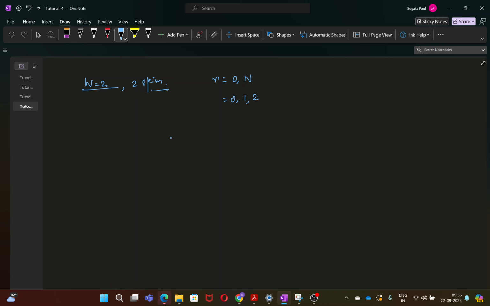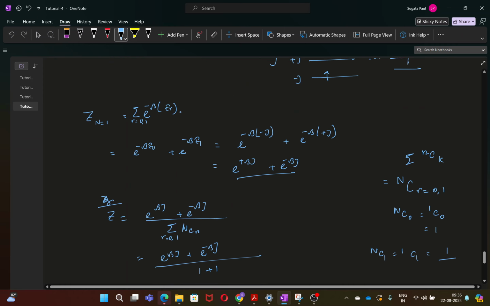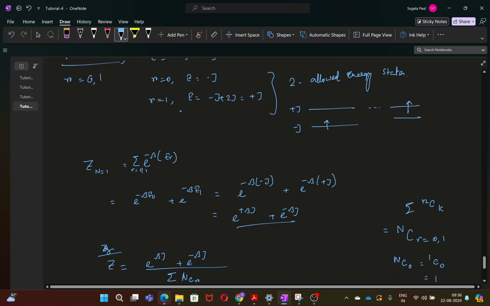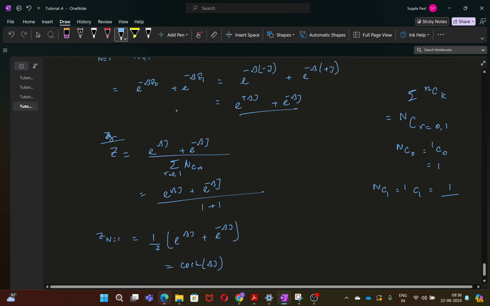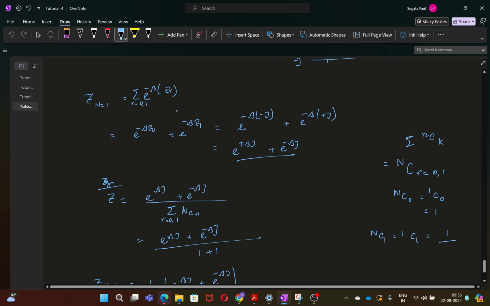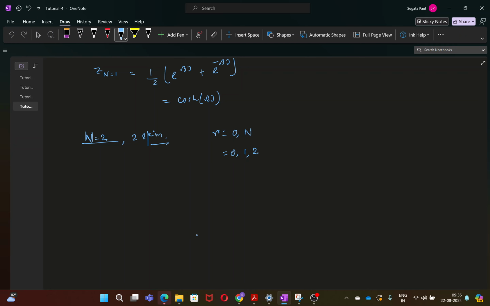And in this case, capital N equal to 2, so the energy levels will look like this.